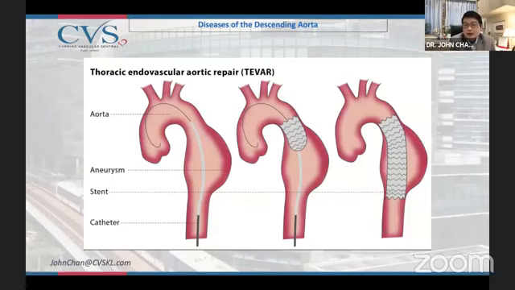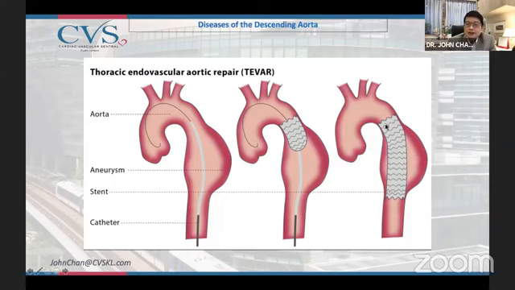So we can, through a small incision in the femoral artery in the groin, push up this graft and then release the graft in the descending thoracic aorta to exclude the dissected part of the aorta. This is a procedure called thoracic endovascular aortic repair, or TEVAR.